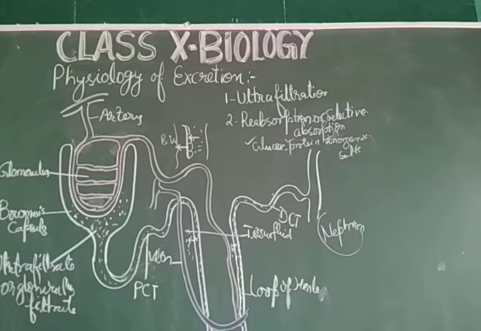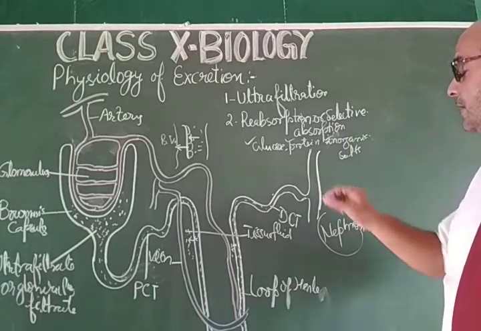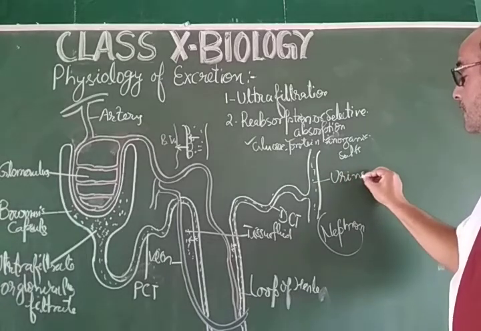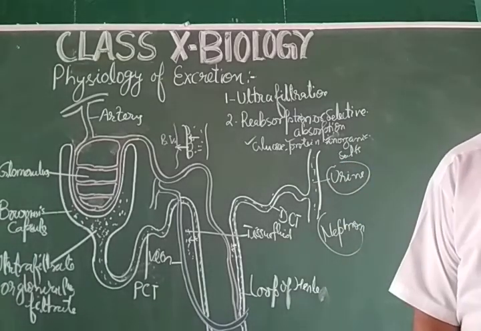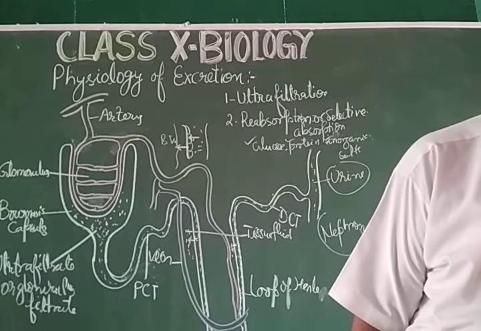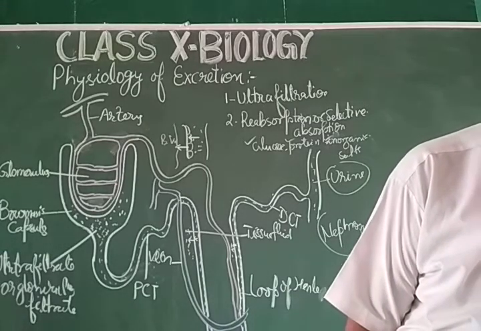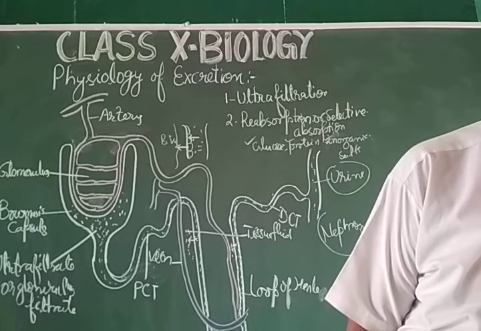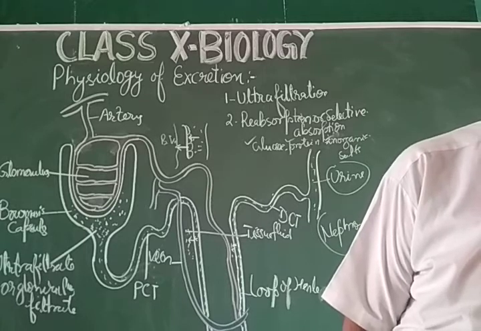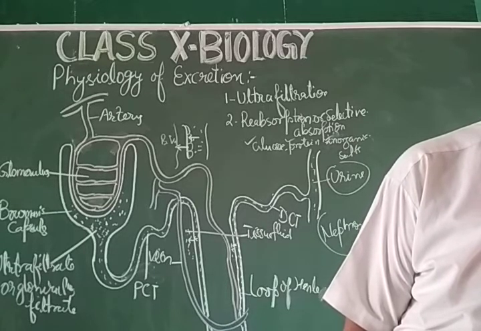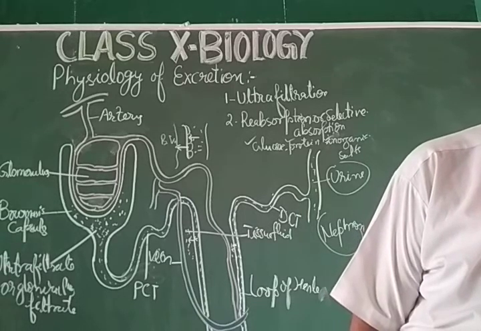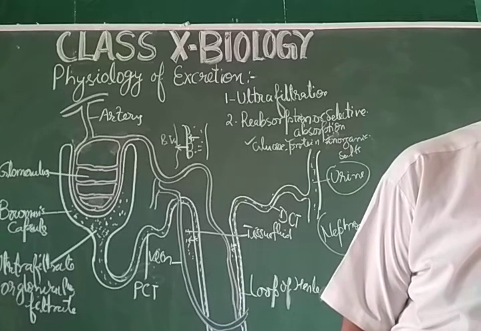and finally the fluid that gets collected is urine. Now let us see what is the composition of this urine. My dear students, the urine contains 96% of inorganic ions such as chloride, sodium, potassium, phosphorus, sulfur, calcium, magnesium, iodine, arsenic and lead, and the organic constituents like urea, uric acid, ammonia, creatine and hippuric acid.